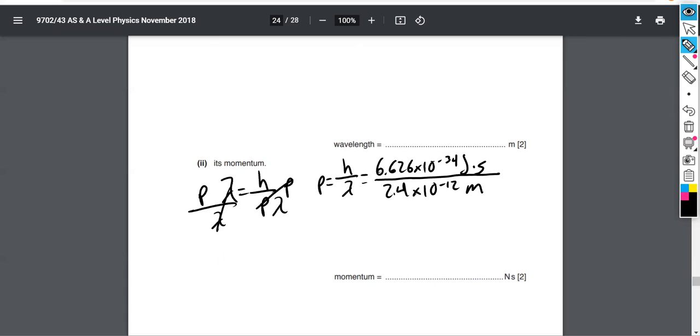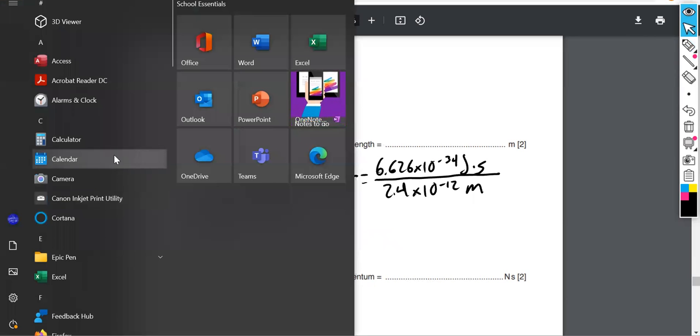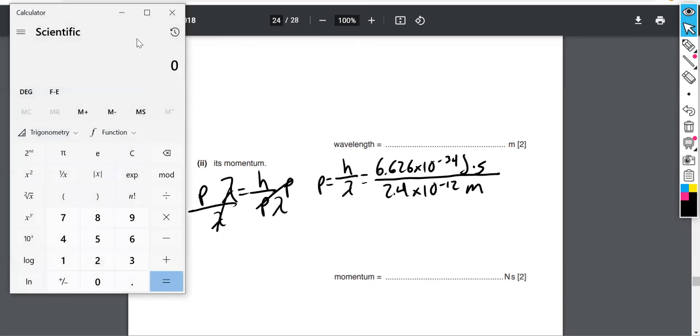So more button pushing in the calculator. It's easy to make mistakes on the calculations, you guys. That's why it's good to practice them when we do them in class throughout the week, because it builds your confidence that you're doing it correctly. 6.626 by 10 to the negative 34 divided by these grouping symbols, 2.4 by 10 to the negative 12, and that's this number.